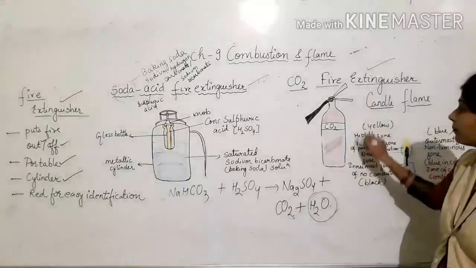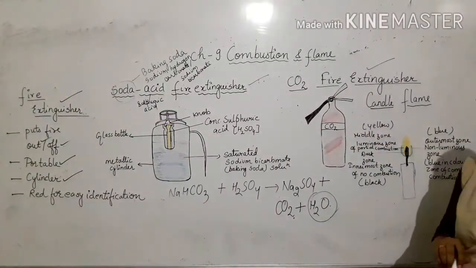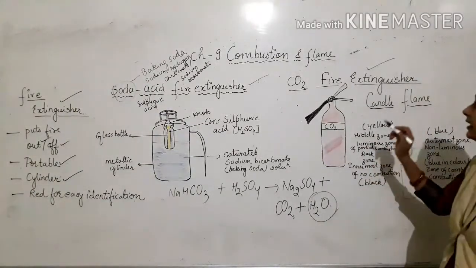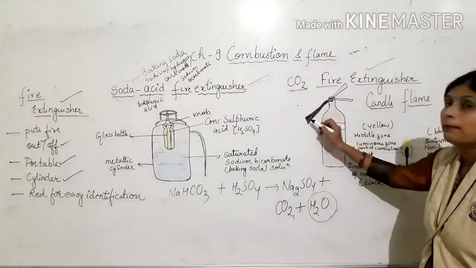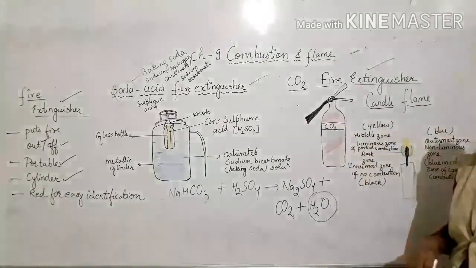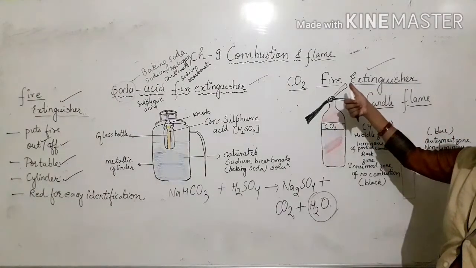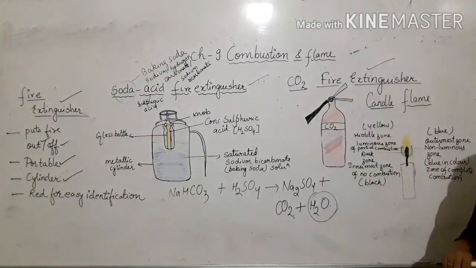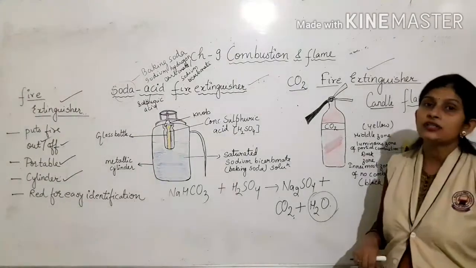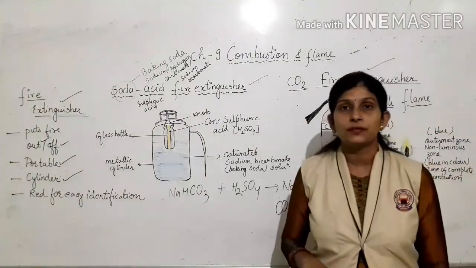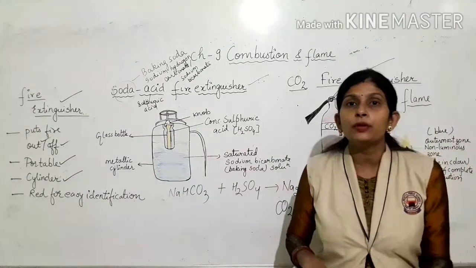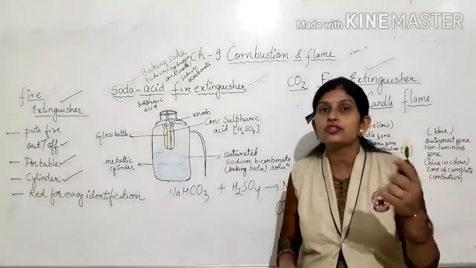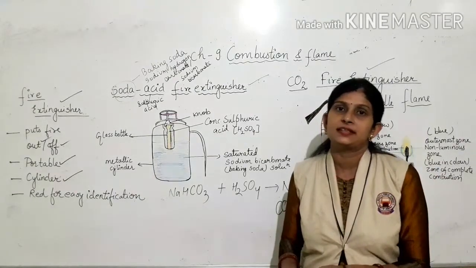Okay, this carbon dioxide fire extinguisher is red in color and it has a black band around its neck. When carbon dioxide is spread out of this carbon dioxide fire extinguisher, then carbon dioxide, which is heavier than oxygen, settles down below oxygen, covers the fire and cuts off the supply of oxygen to the fire or burning substance.